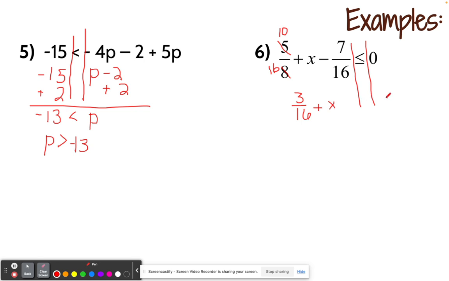And over here I have a 0. Next, I just have to subtract 3/16 from both sides.